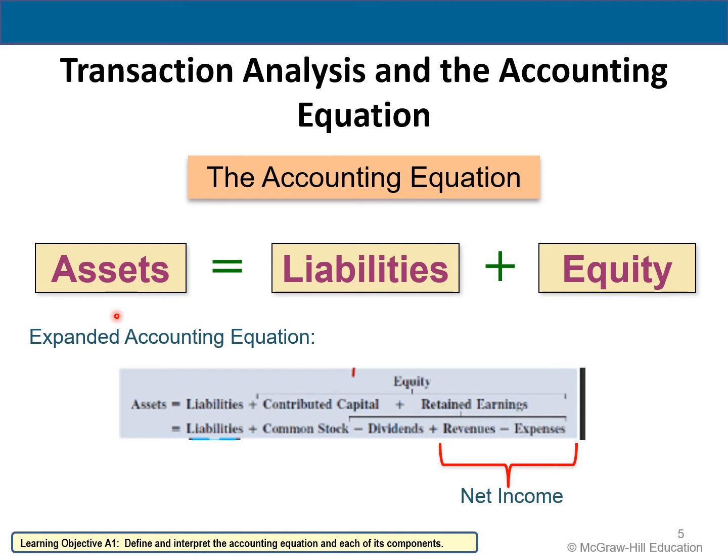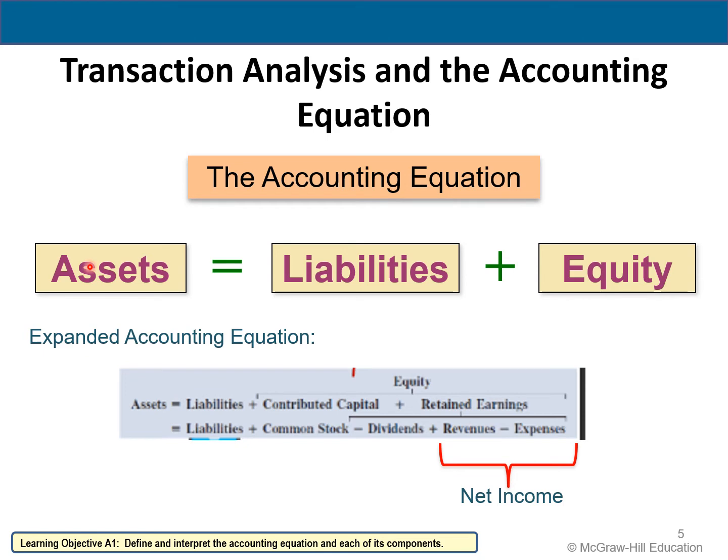Anytime a transaction is recorded, it's going to affect one or more accounts. And what we'll find in the chapter to come is it could be two asset accounts, an asset and a liability, an asset and an equity. But before and after every single transaction, this equation must hold true.